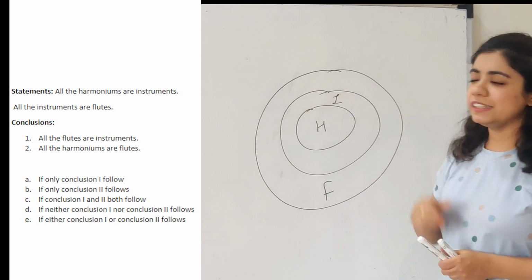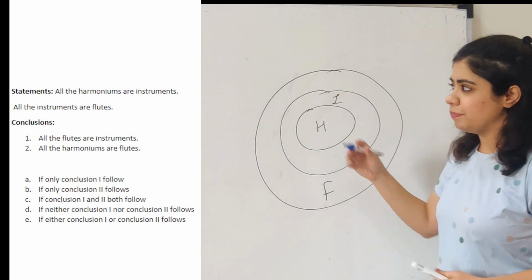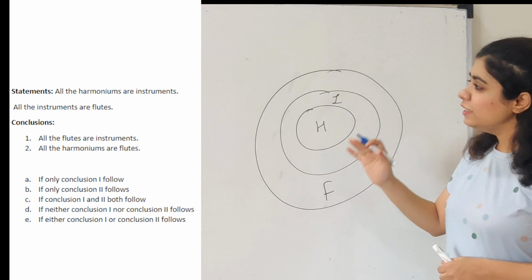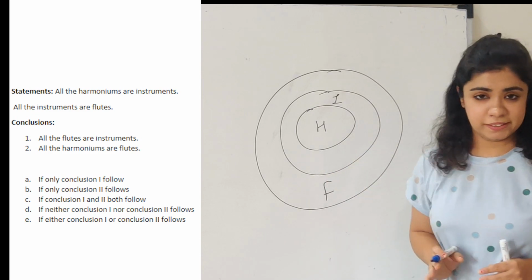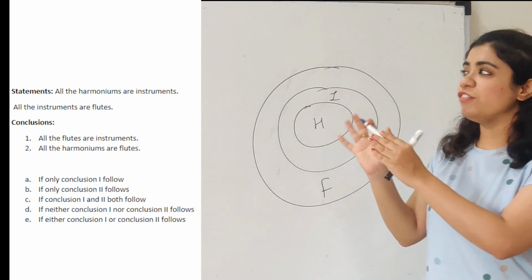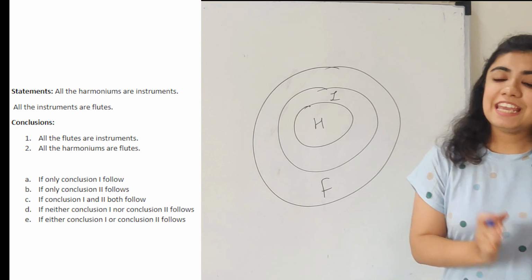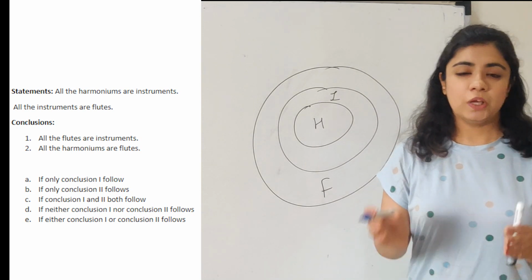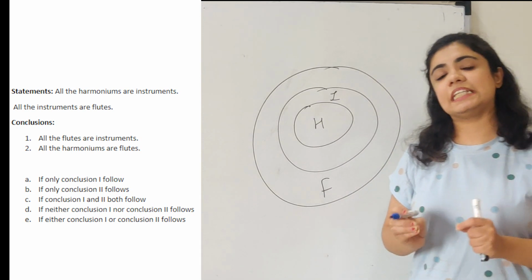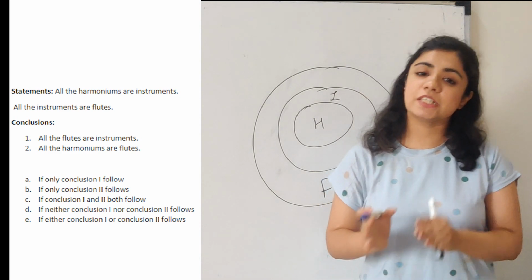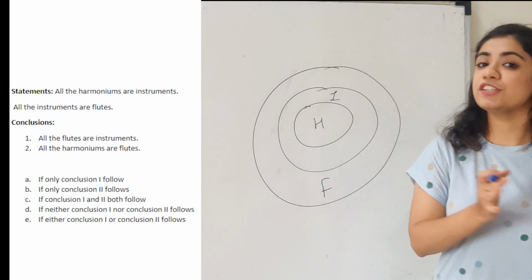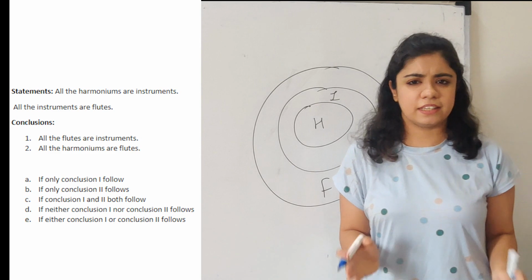Now look at your first conclusion. It says all the flutes are instruments. One thing to remember for positive conclusions: you just have to check whether it is visible or not. If it is visible, it is correct. If it is not visible, it is not correct. Simple.